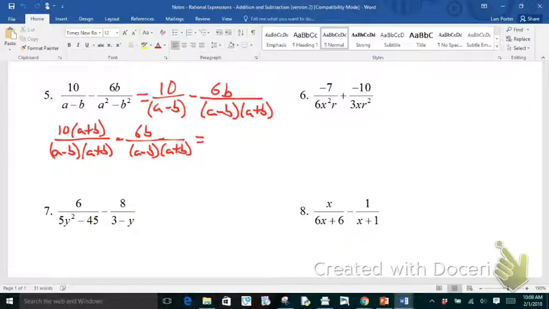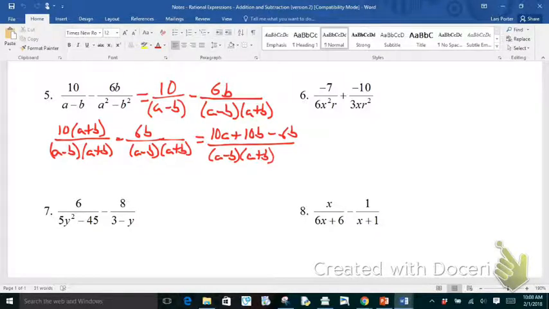And finally we end up with 10a plus 10b minus 6b over a minus b times a plus b.